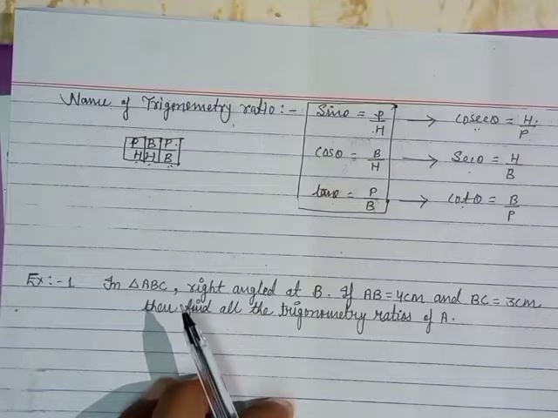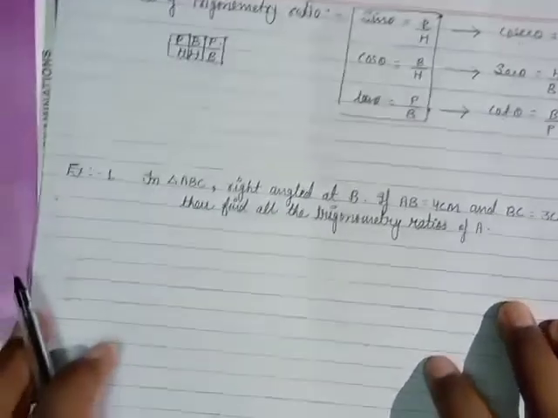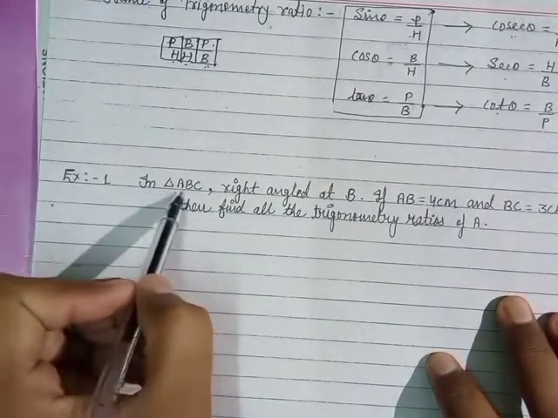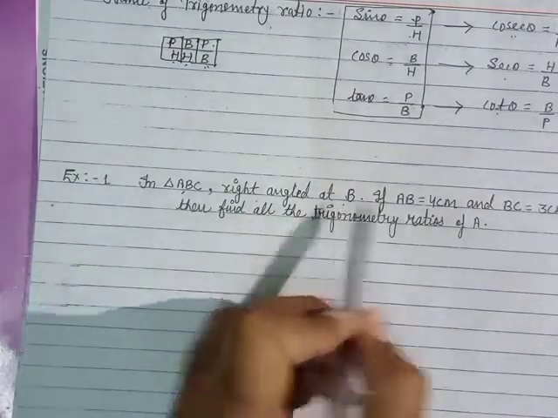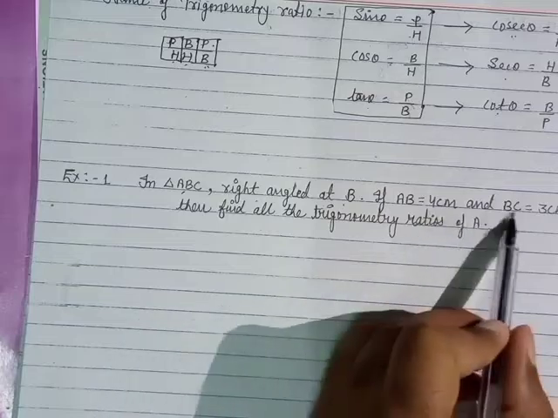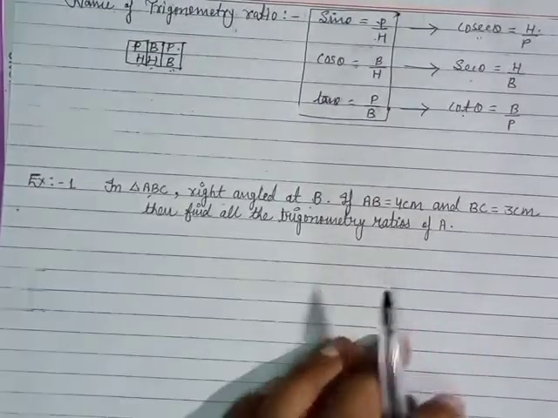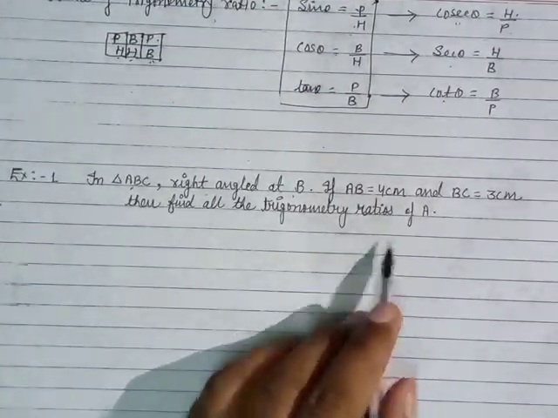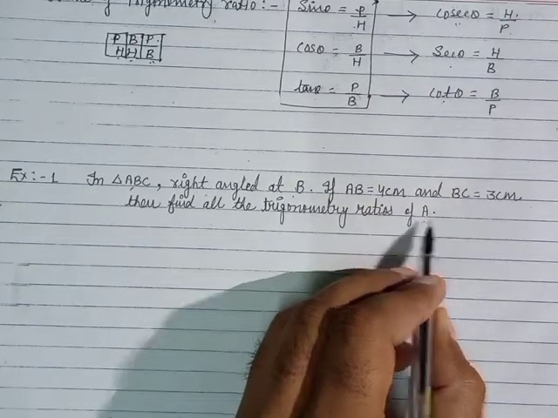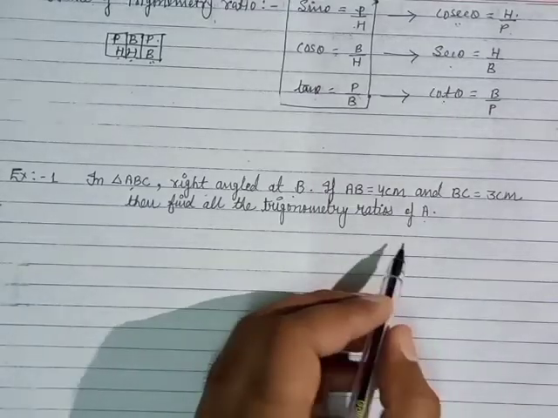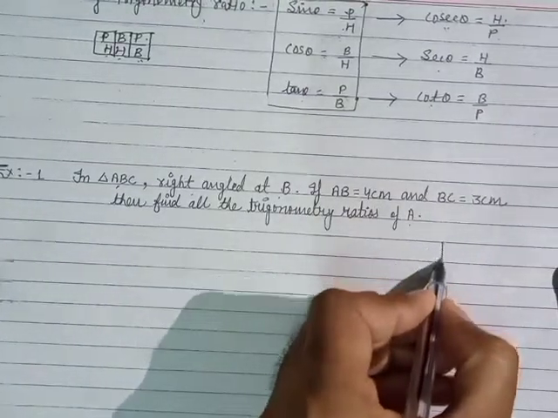Now we solve some questions related to this concept. Let me take triangle ABC, right angled at B. If AB is 4 centimeters and BC is 3 centimeters, then find the trigonometric ratios of A. According to A, we will decide what the perpendicular is. Let me draw a figure.